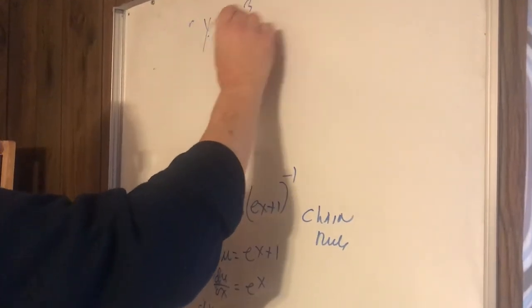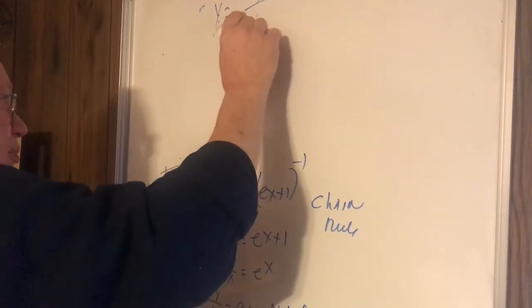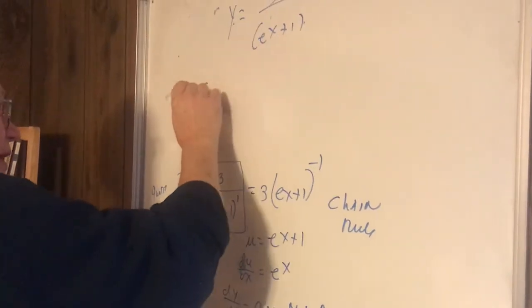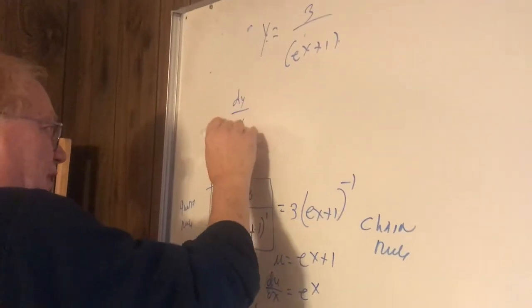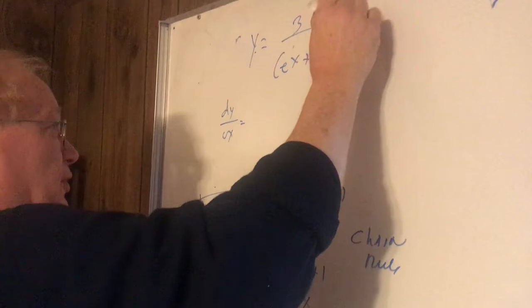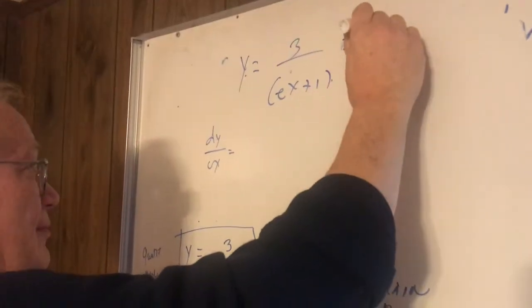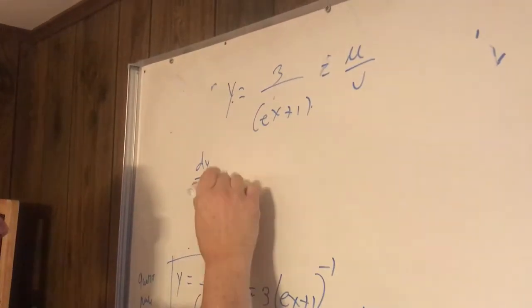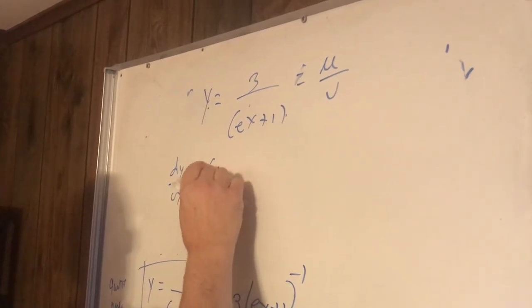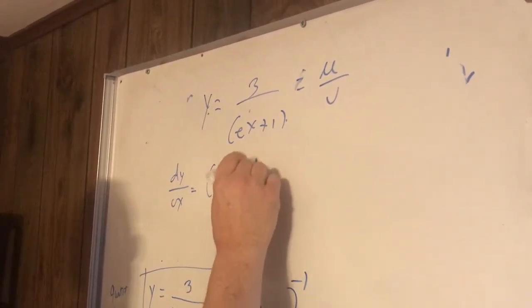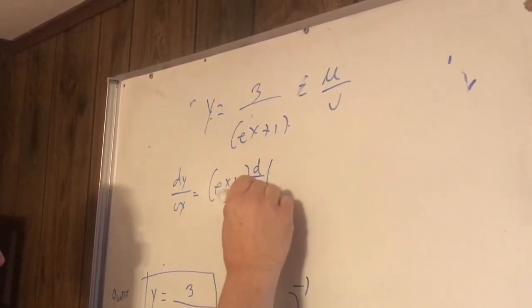equals 3 over e to the x plus 1, and dy dx is going to be, this is going to be u, is going to be v times the derivative of u, which is 3.